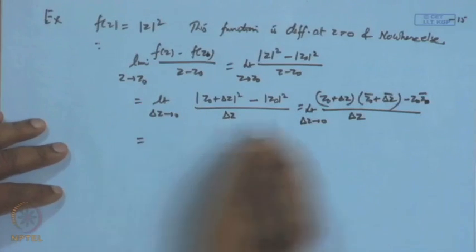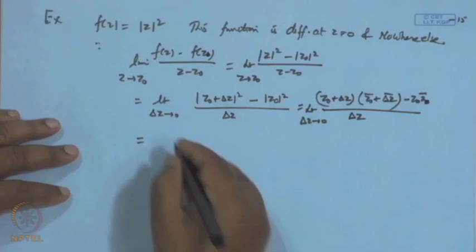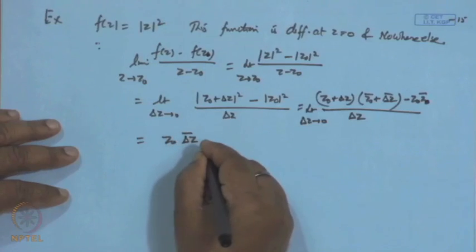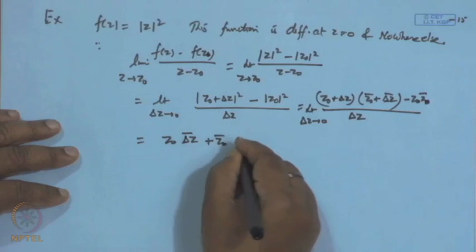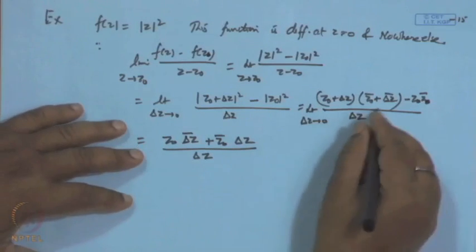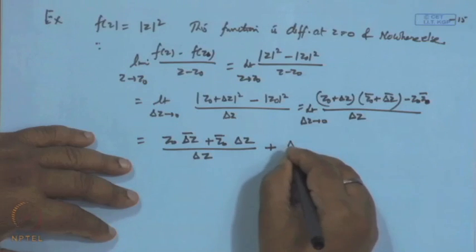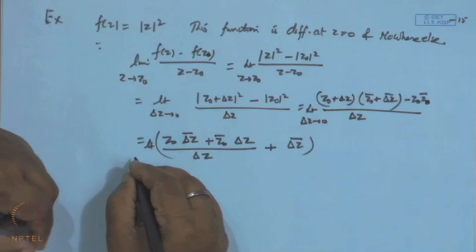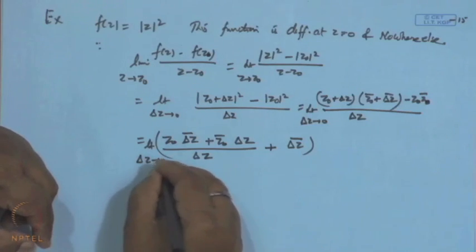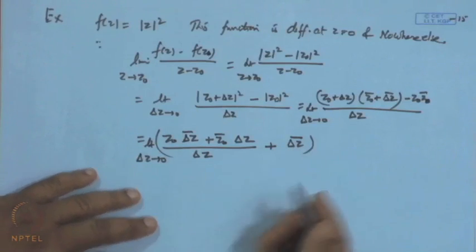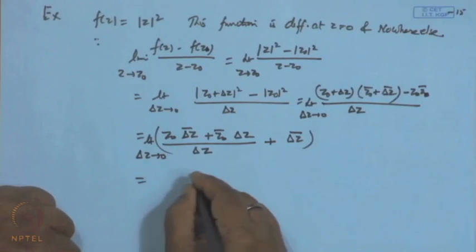If we simplify it, the mod z naught square gets cancelled and what you are getting is z naught into delta z bar plus z naught bar into delta z, divided by delta z, and then another term which you are getting is delta z bar. Limit of this as delta z goes to 0: if delta z goes to 0, delta z bar will go to 0. So it is no problem, and here it can be written as z naught bar.